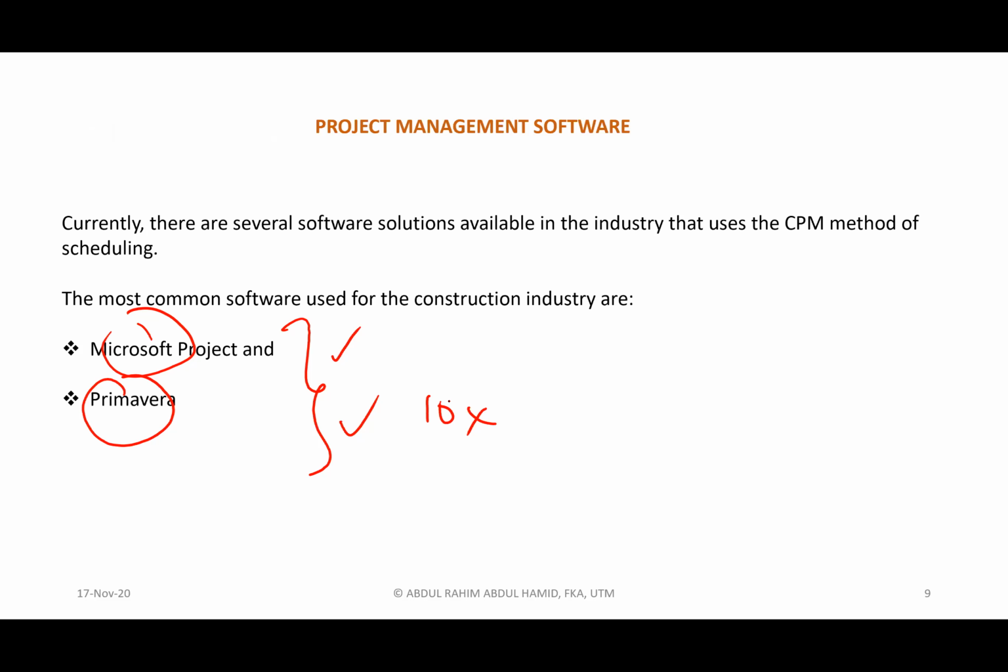You can imagine, even a handphone that costs much more than a basic handphone must have something inside, certain features that a basic handphone doesn't require. So it depends on where you want to use it. For me, if you learn Microsoft Project, that will be sufficient.